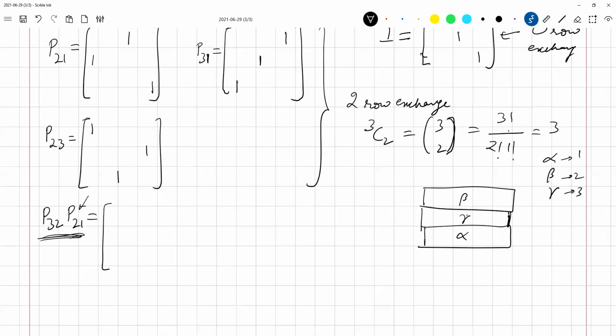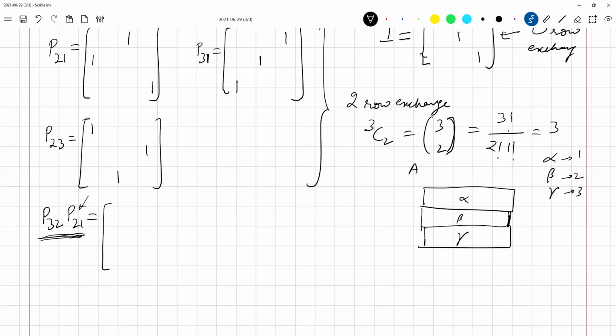Okay, these two are happening in series, one after another. First I am doing P21, then I'm doing P32. You don't get it? See, when I do P21, earlier we were doing, let us start from this point. Okay, initially I have A. A looks something like this: alpha, beta, gamma.